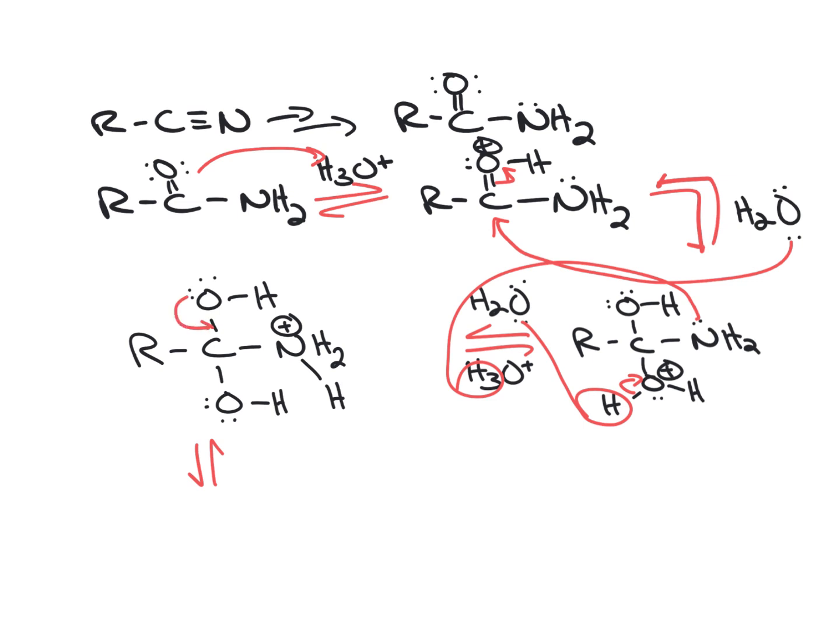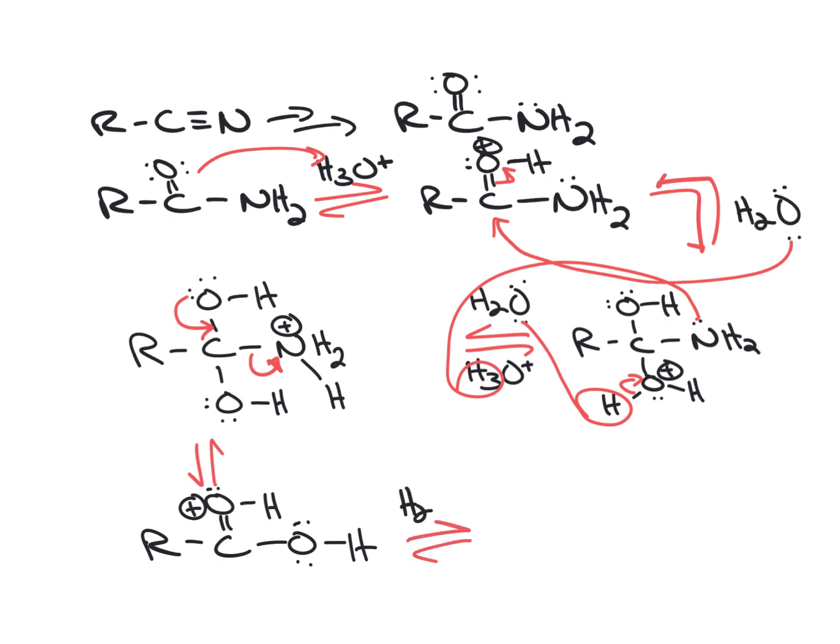These electrons can restore the carbonyl, kicking out, in this case, NH3. And then finally, one more proton transfer gives the carboxylic acid. Now, this was just in case you're interested.